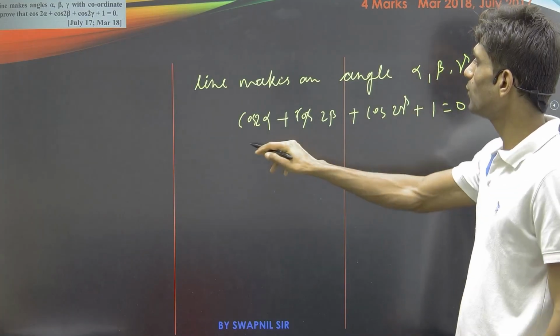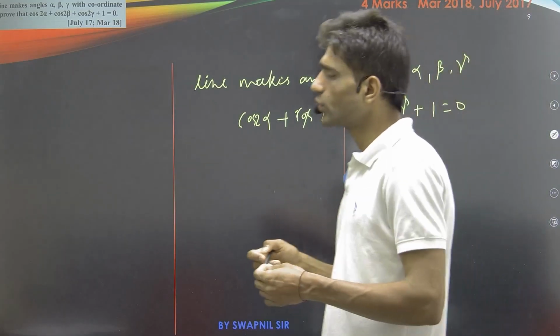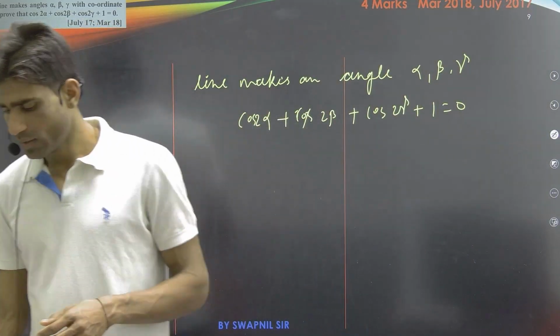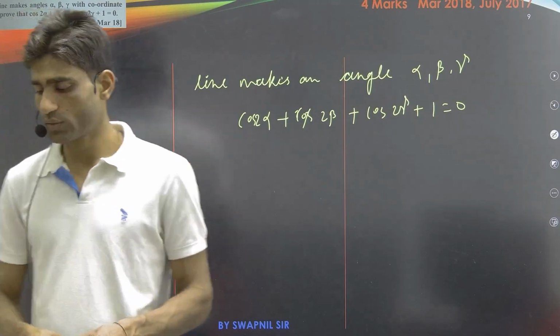That means we have to prove that cos 2 alpha plus cos 2 beta plus cos 2 gamma plus 1 is equal to 0.